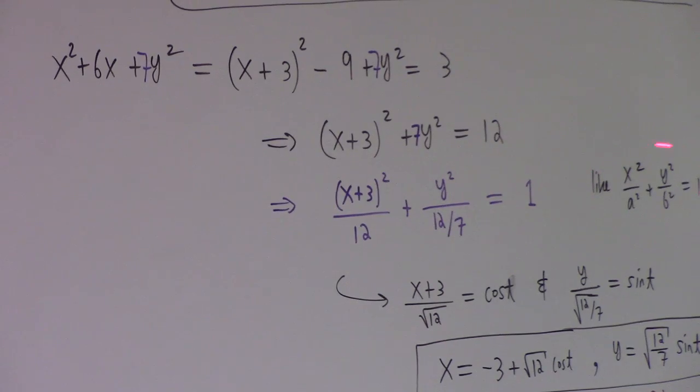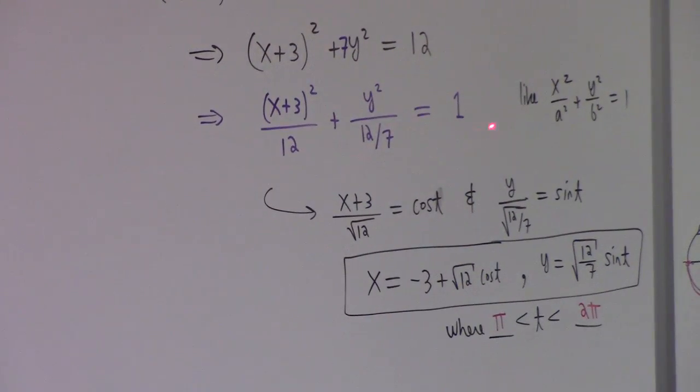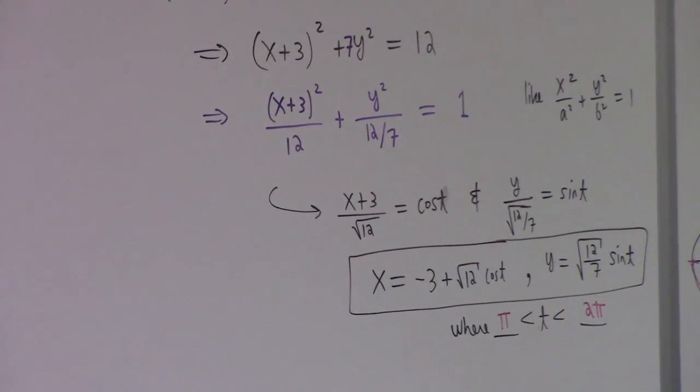And then my thought process is, okay, if I can make this thing cosine squared, and if I can make this thing sine squared t, then I'll have cosine squared plus sine squared equals 1. I'll have a legitimate parameterization for this curve. Does that make sense? This was the logic we used before.